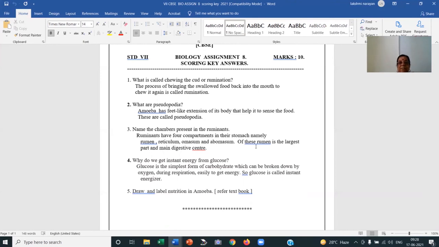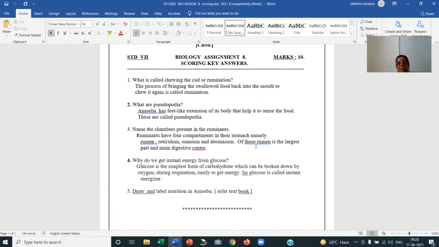Then why do we get instant energy? From glucose. Glucose is the simplest form of carbohydrate which can be broken down by oxygen during respiration easily to get energy.